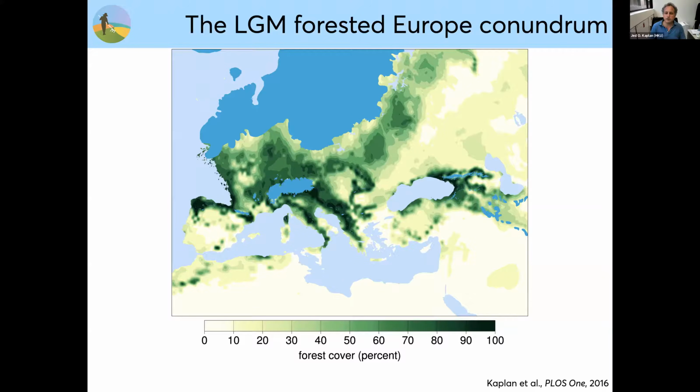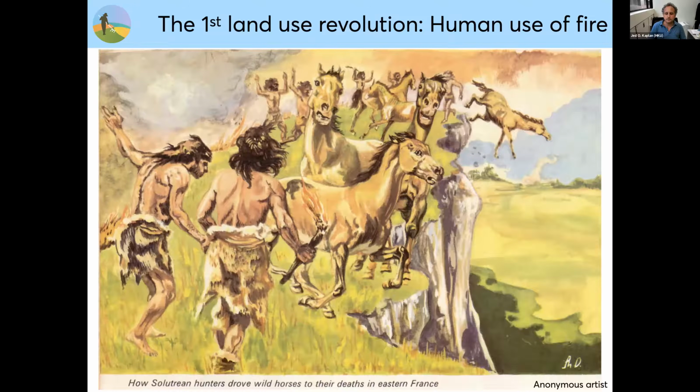And that key process was human activity. The first land use revolution, the first major way that humans used land and altered landscapes, was through their use of fire.